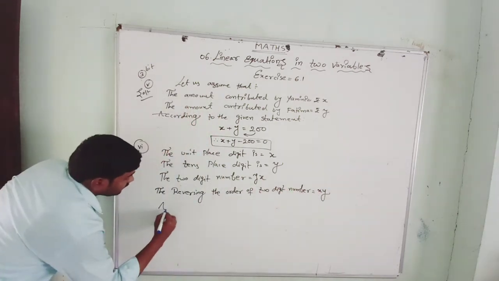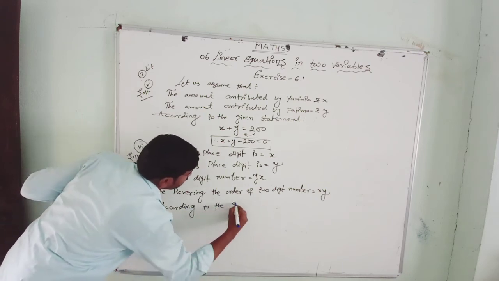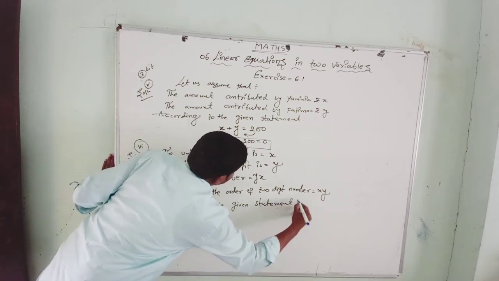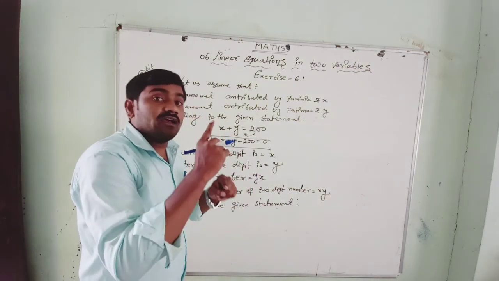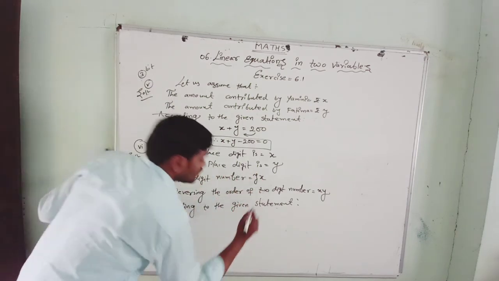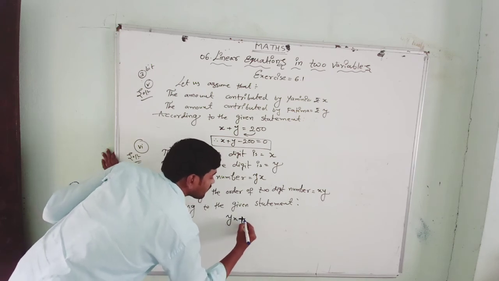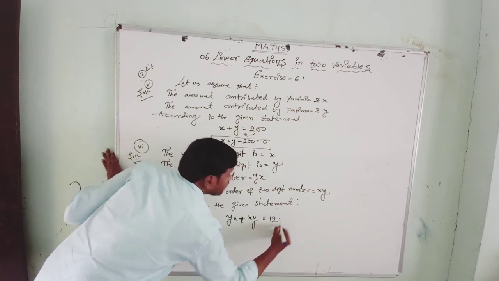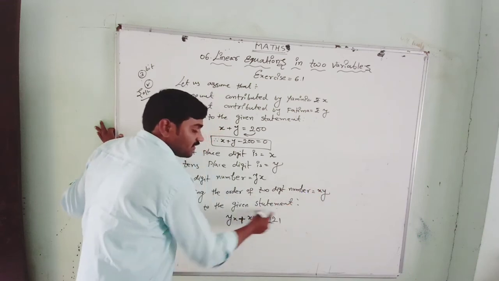Now according to the given statement, the sum of the two digit number and the number obtained by reversing the order: the two digit number is yx and the reversed number is xy. When we add them, we get 121.